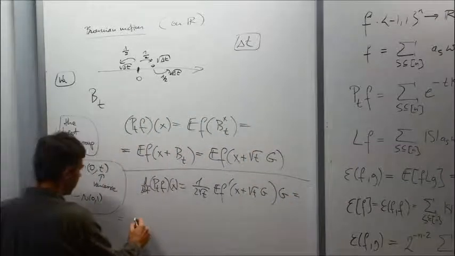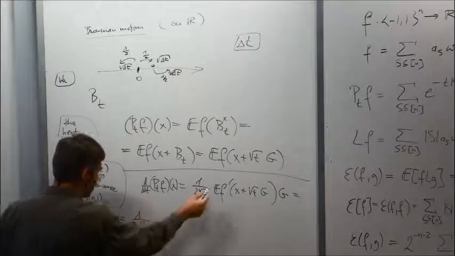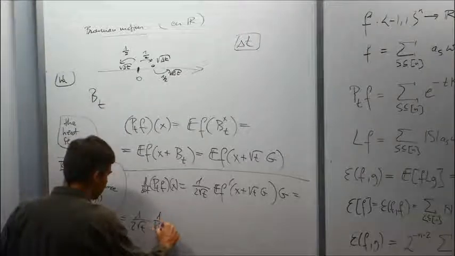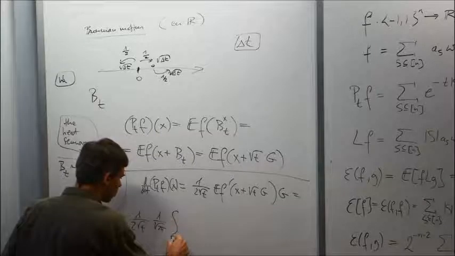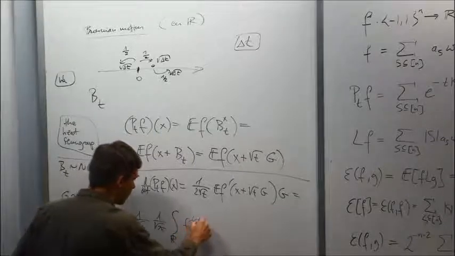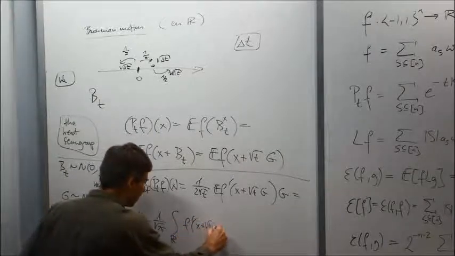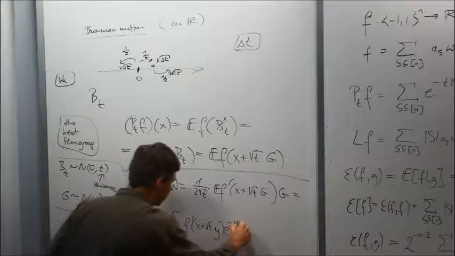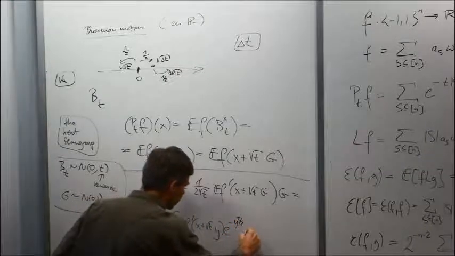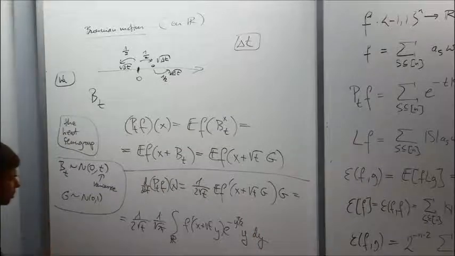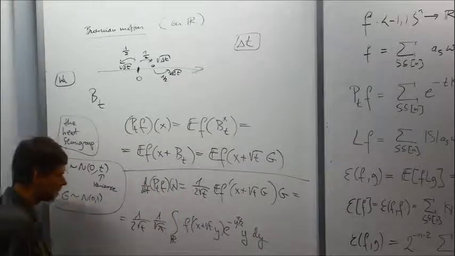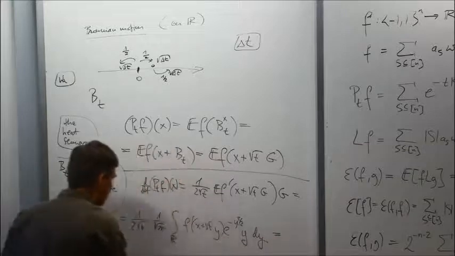Okay, so now what we have here, we can just explicitly write down what this expectation means. We integrate over the real line f'(x + square root of t times y) times y exp(-y squared over 2) dy. We just use the knowledge about the density of the standard Gaussian random variable.